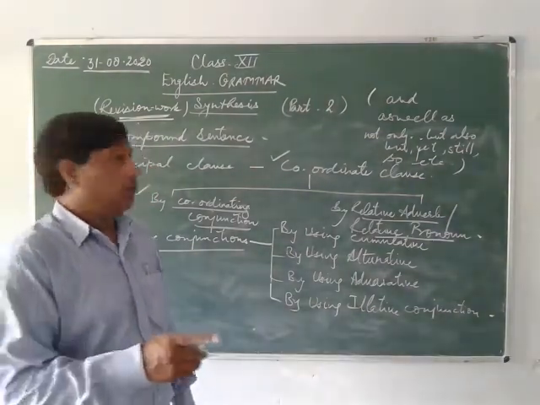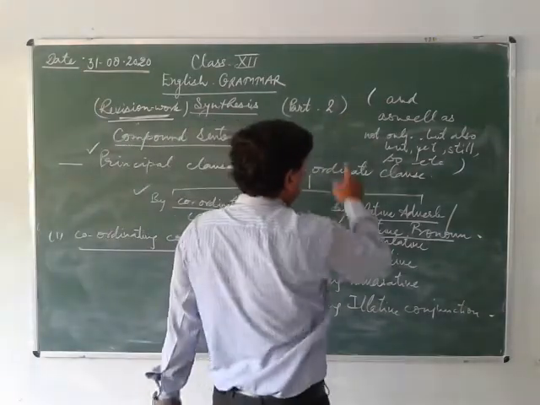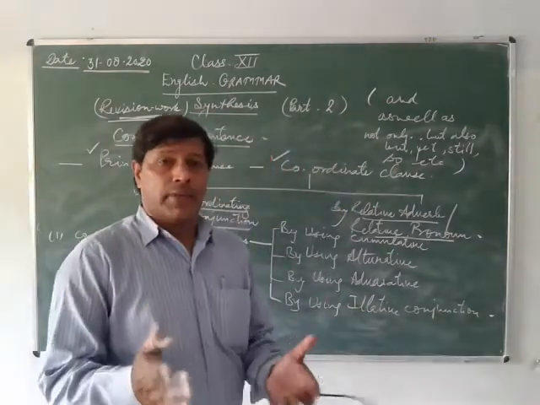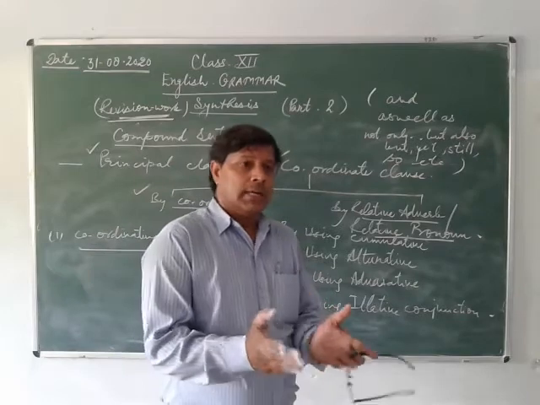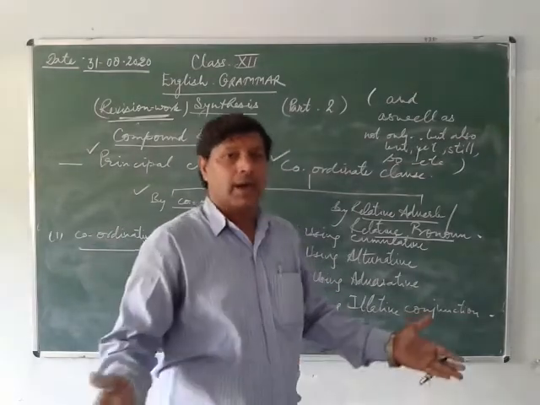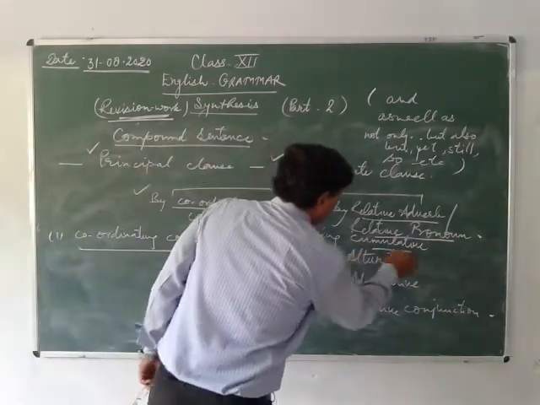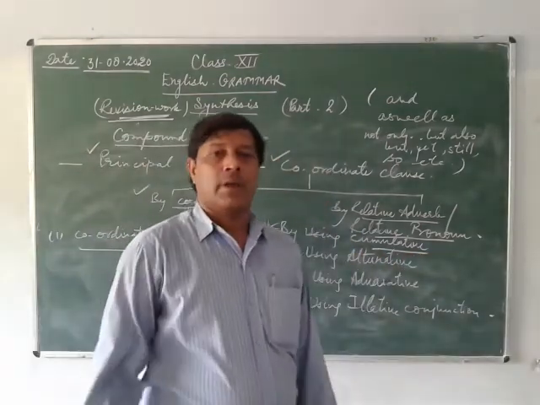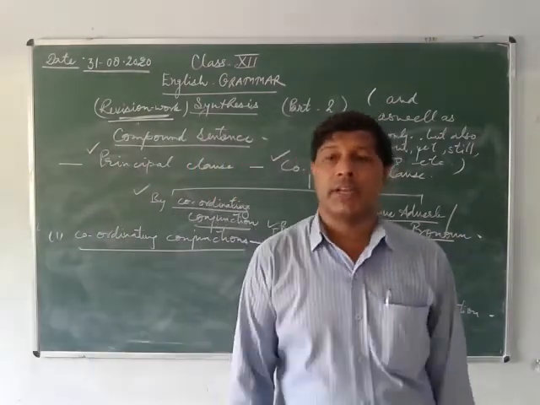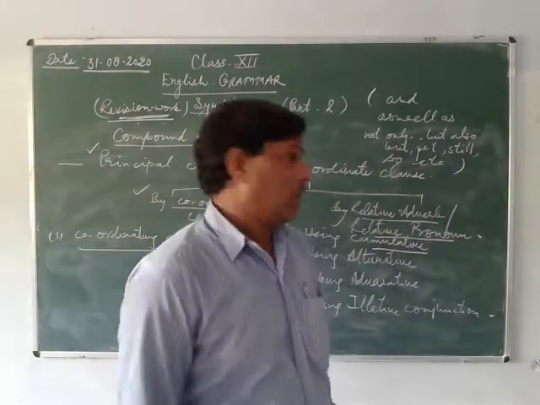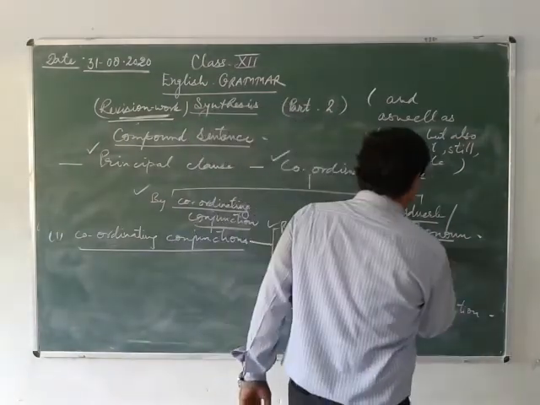I have already told you here on the blackboard. We are going to define it in a separate way. The first one is called cumulative conjunction.